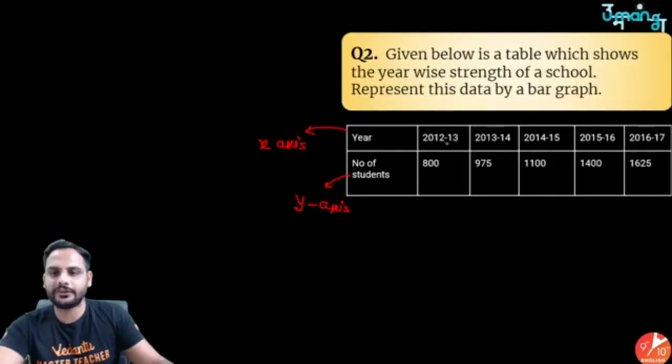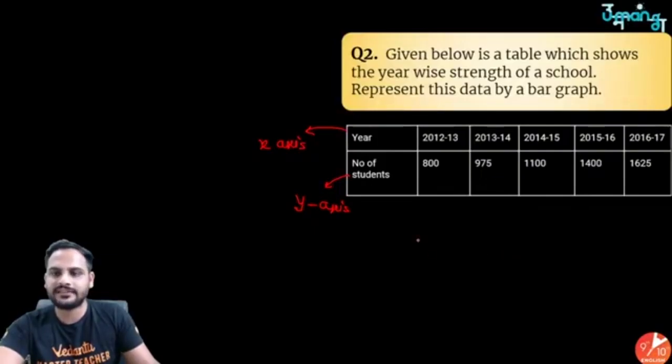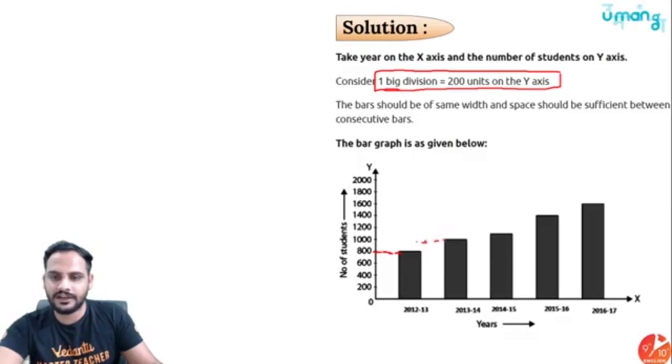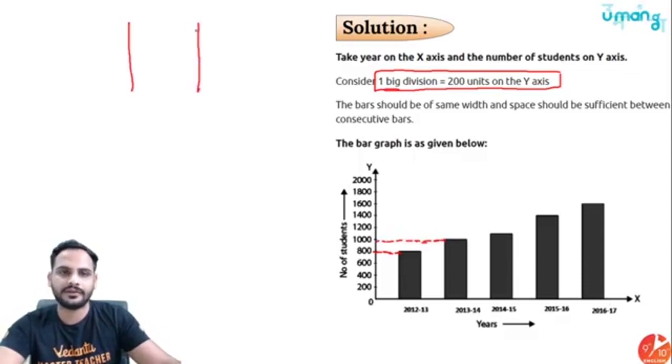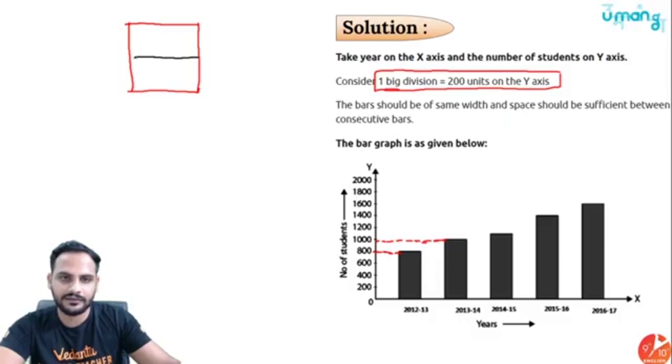Got it? Now in 2012-13, it is 800. So we have matched it exactly with 800. After that, 975. So 975 will be just below 1000. Now you know, beta, in a graph there are 10 lines. Let's say this is the middle line. And here we have 1, 2, 3, 4, 5, 6, 7, 8, 9, 10.